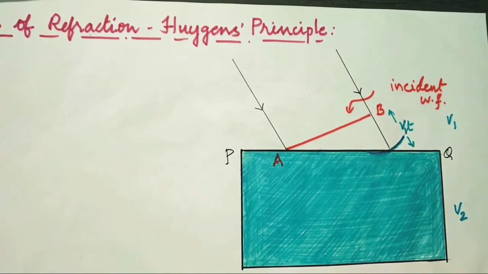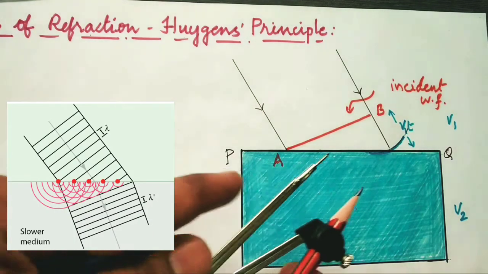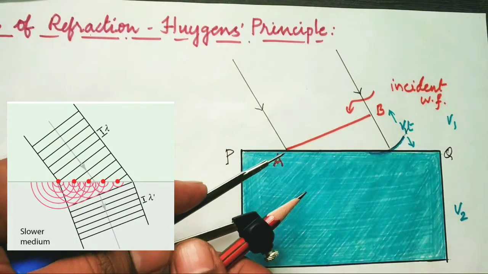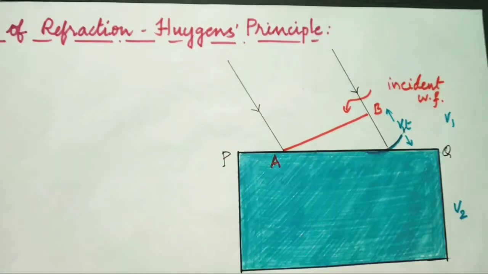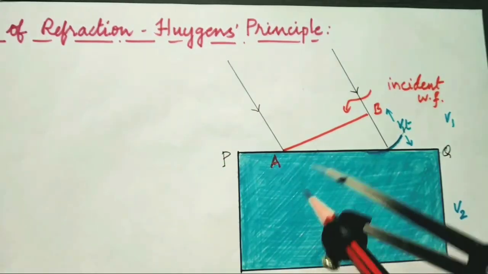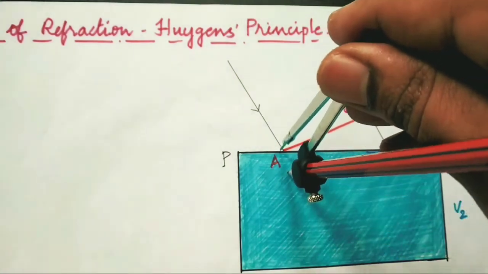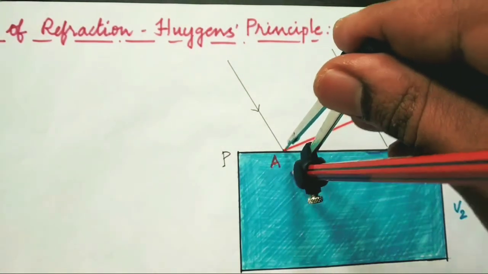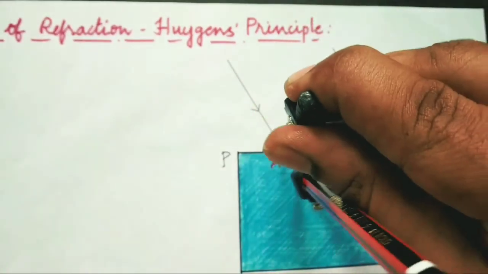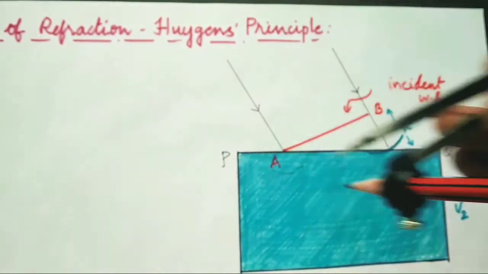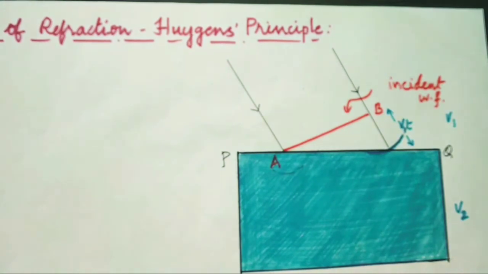Now every point acts like a source of light, so I am going directly to point A. At point A, the light now reaches the denser medium, so the velocity decreases, and the distance traveled in the same time also decreases. Let me take a small radius, assuming the speed of light reduces from v1 to v2, and draw one more secondary wavelet from here.